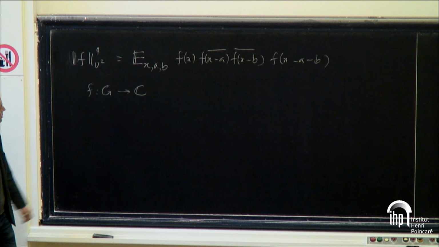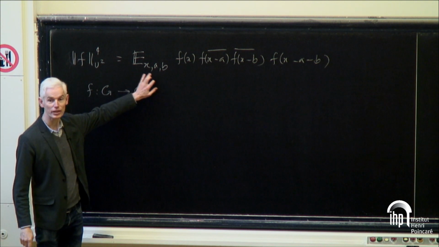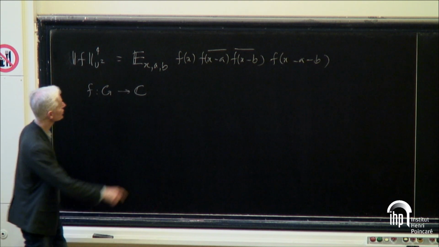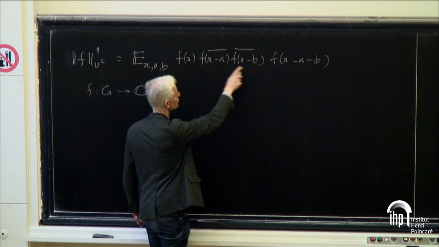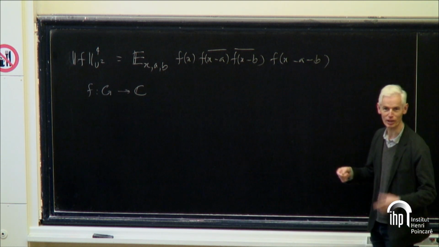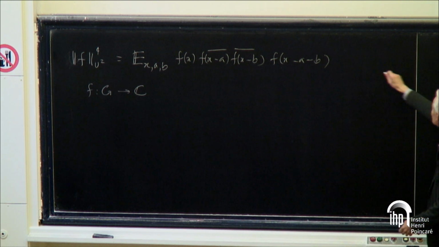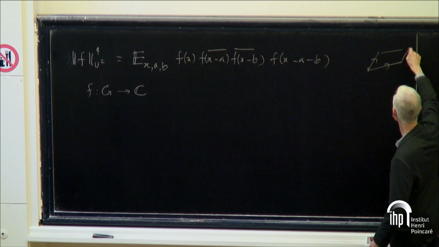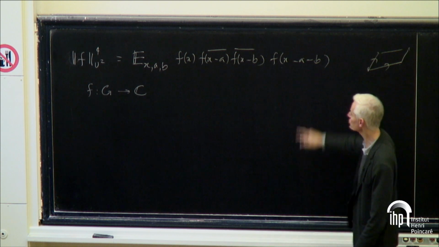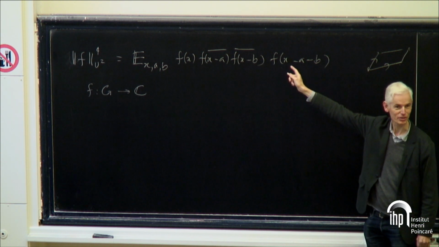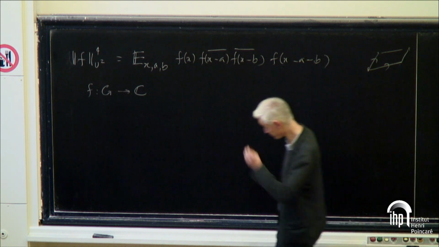And this just means the average over all x, a, and b in the group. So we take this average over what I think of as squares, but they're really more like parallelograms. We've got an x, an a and a b, and then we take the average over 4 points, and we put in complex conjugates according to the parity of the number of a's and b's that we've chosen in each term.